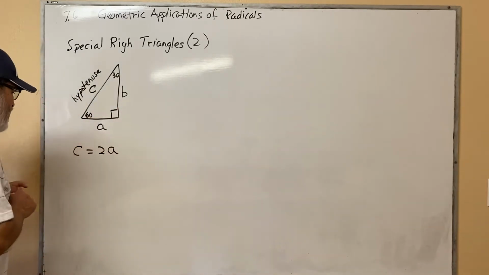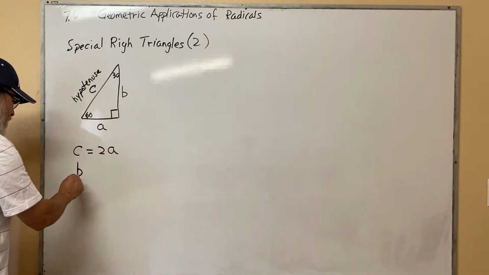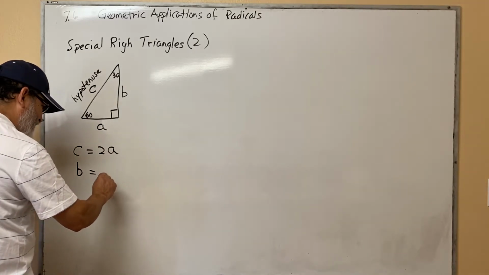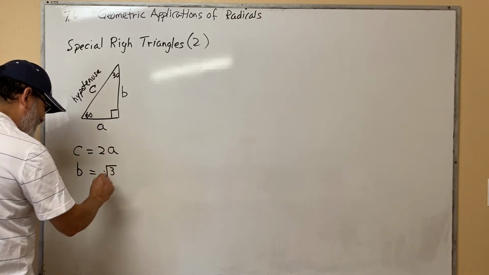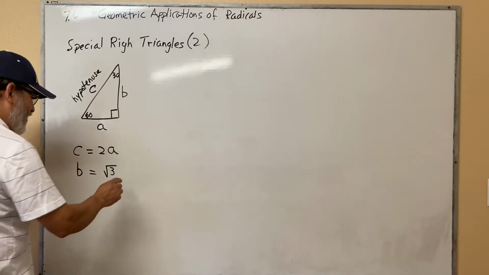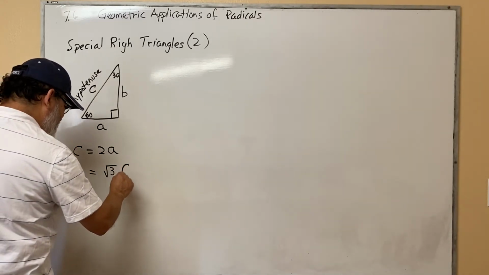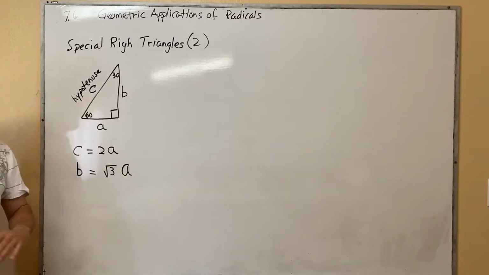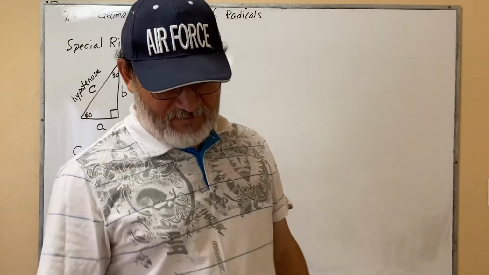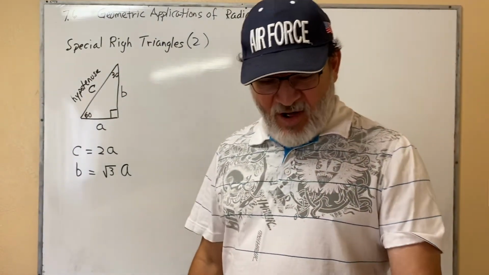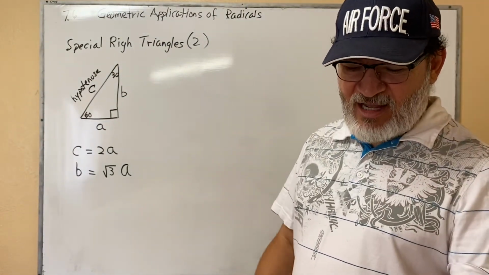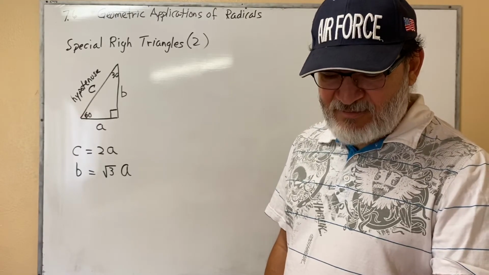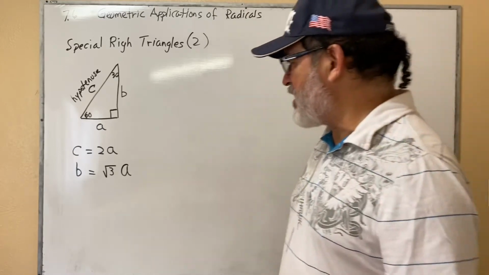The length of the long leg, B, is the square root of 3 times the length of the short leg. Okay? We need that. Yes, we do.